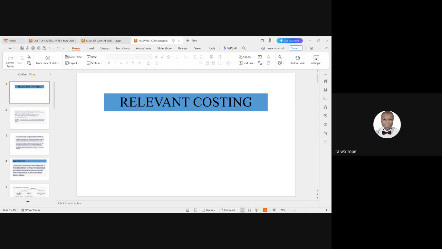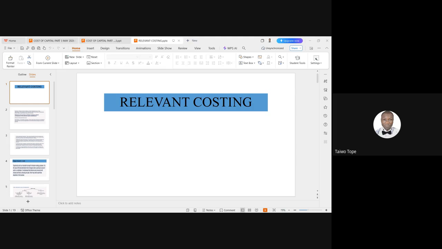You are not recognizing the specific cost that is associated with the order you receive. Because there can be some costs that might be in existence, but they are not relevant to the decision you want to take now.